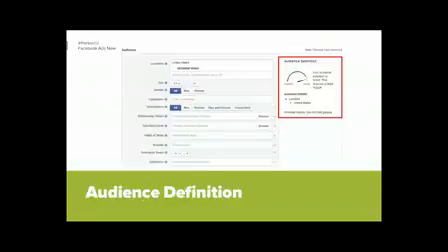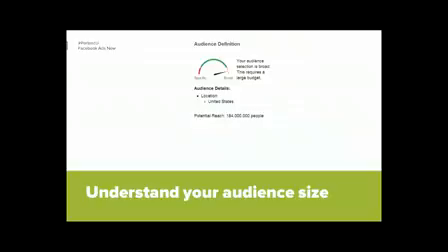So the next thing that I want to touch on, and we'll come back to developing personas, but I think it's really important also to speak to the audience definition feature. You'll find this in the right side of the audience targeting section in the interface. And this meter is going to show you the potential reach and how targeted your audience is.